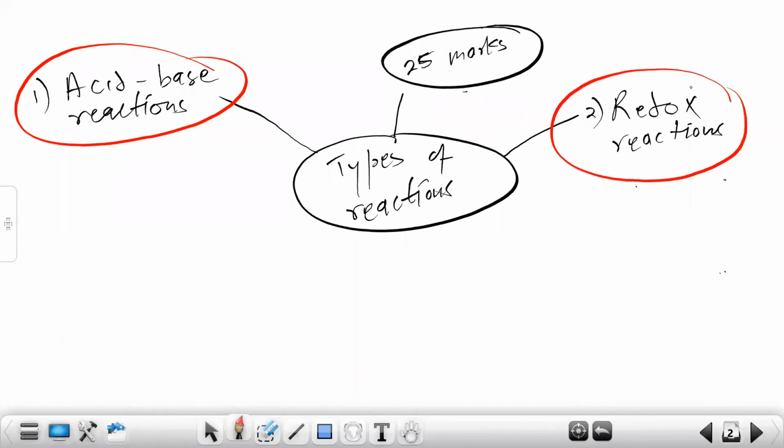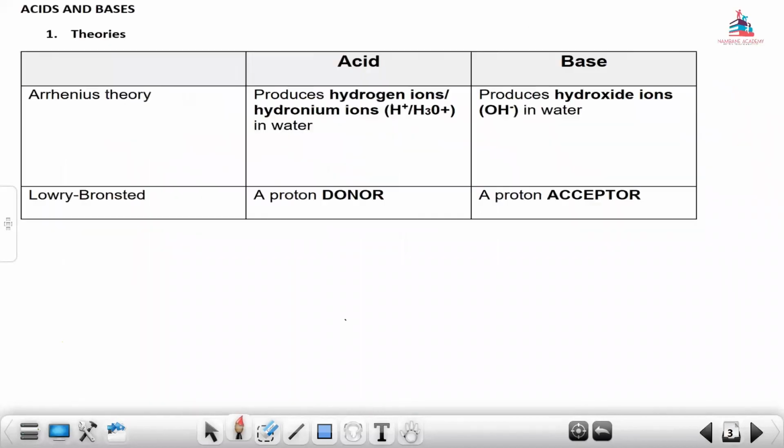Now with acids and bases, we have what we call theories. The theories basically govern everything that we want to understand about acids and bases. We had two scientists previously. One was called Arrhenius. The others were Lowry and Bronsted.